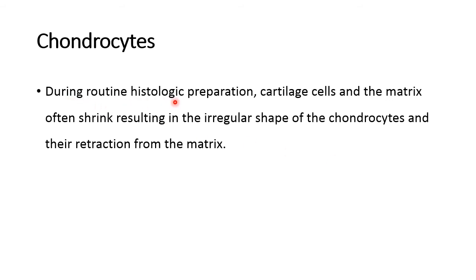During routine histologic preparations, cartilage cells and the matrix often shrink, resulting in the irregular shape of the chondrocytes and their retraction from the matrix. اللي بيحصل إنه أثناء الروتين histologic preparations إنه الخلايا والماتريكس بيقوموا بتنكمش، والانكماش ده بيغير في شكل الخلايا، بتبقى irregular in shape وتبقى retracted from the matrix، منكمشة. السبب routine histological preparations, the solutions or solvents والprocesses that are done during the histologic preparations بتعمل كده. لكن normally in living tissue the chondrocytes should fill the lacuna. بتكون السيل مالية اللاكونة.